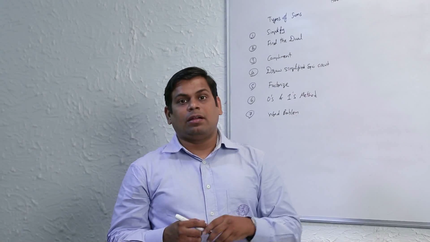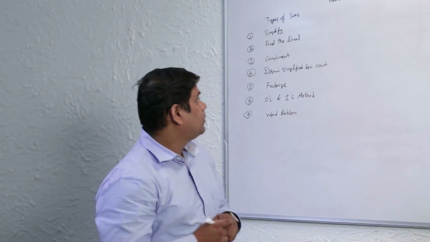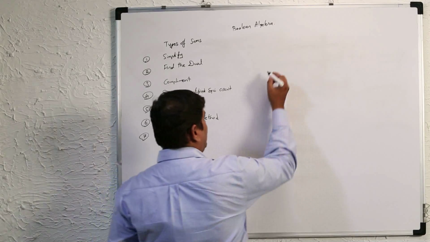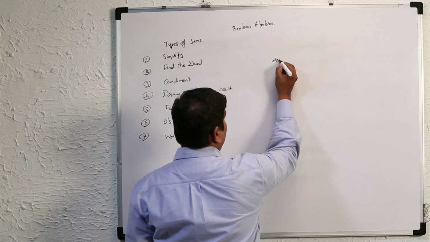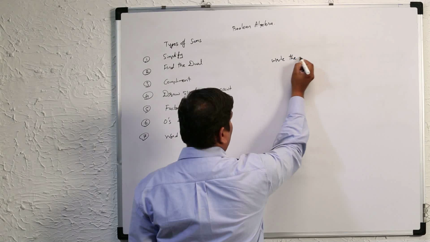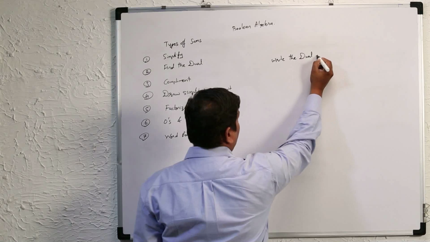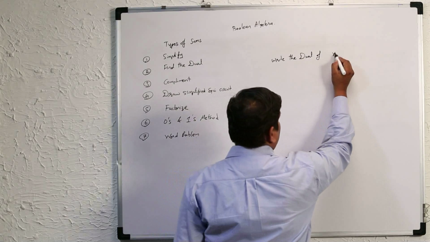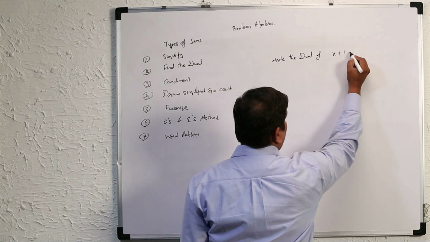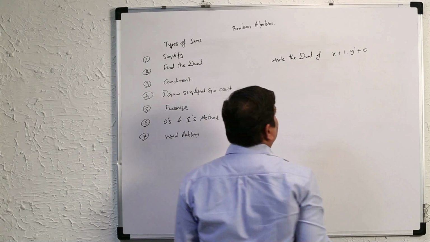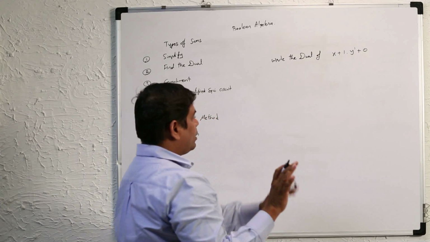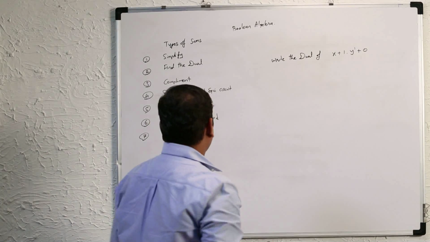Okay, now let us see type number 2, dual. Question is, write the dual of the expression x plus 1 dot y dash plus 0. Now what dual means is only one thing.